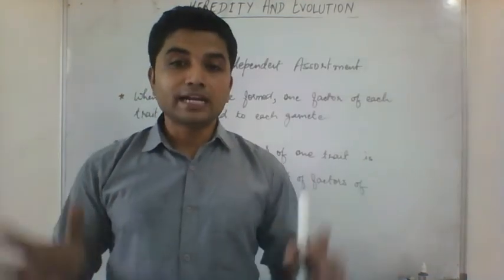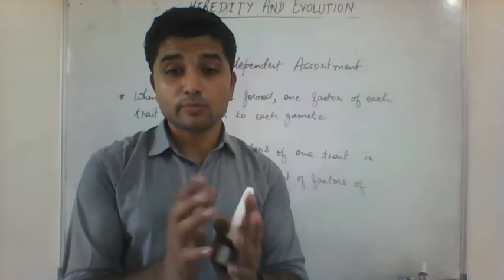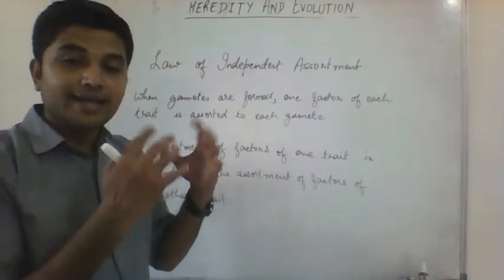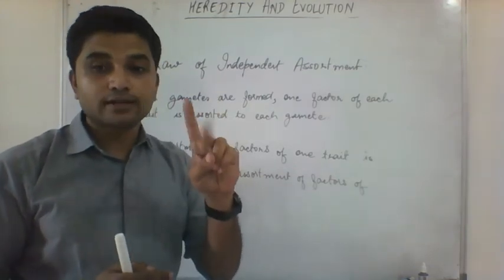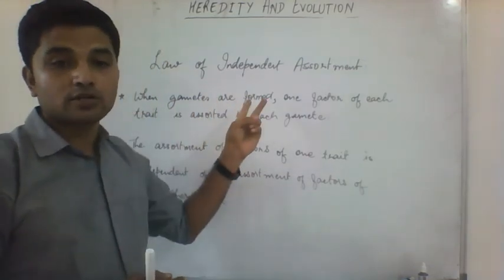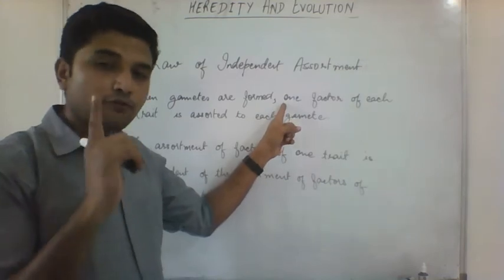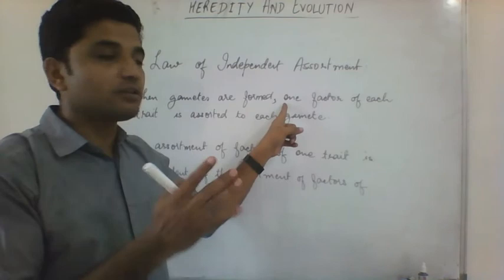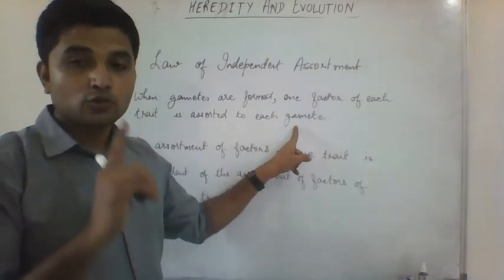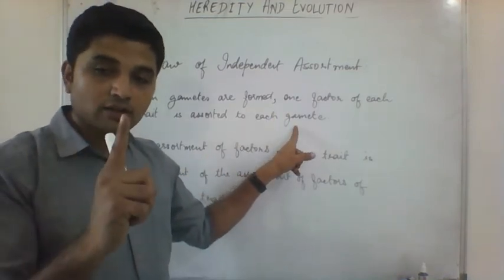So the law of independent assortment. What is this assortment? Here Mendel said that during gamete formation, each trait, I told you, is coded by 2 factors. So Mendel said during gamete formation, only one factor of each trait will be passed on into each gamete. So each gamete will have only one factor of each trait.